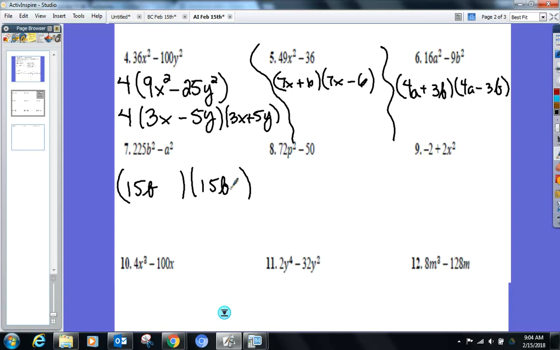Here we go, number 3. What's the GCF, 72 and 50? 2. So if I take out a 2, I'm left with 36p squared minus 25. Good. How about 36? You want to try to factor what's left inside here?